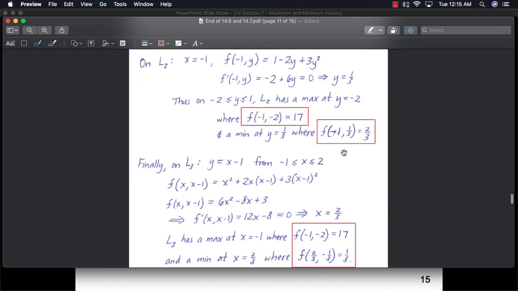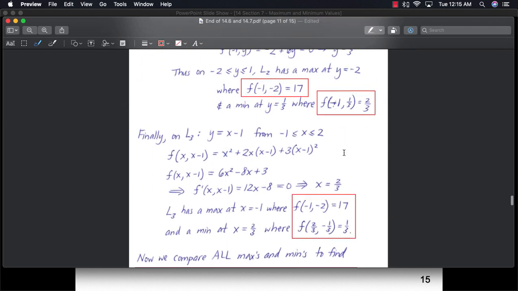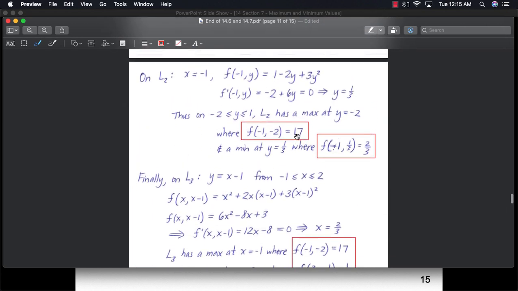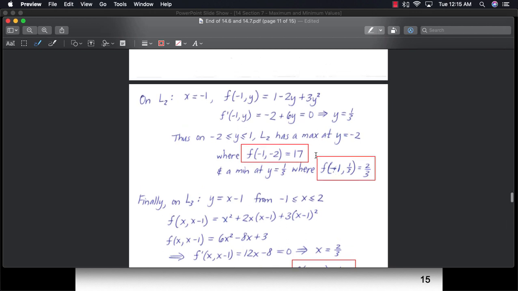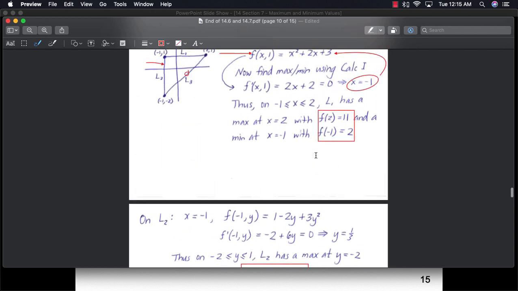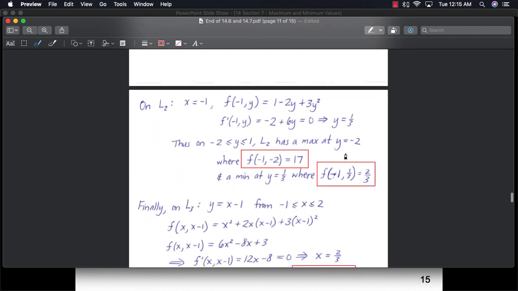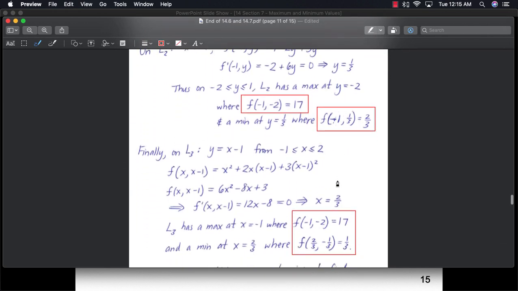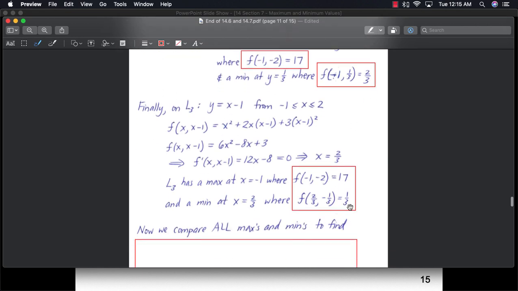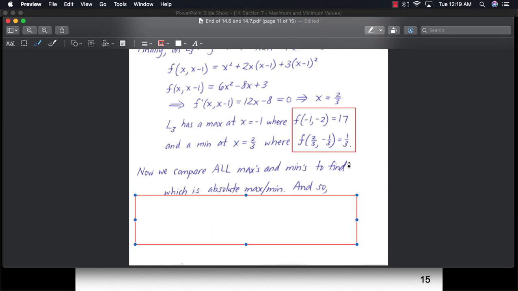The smallest of these values will give me my min. Obviously, the largest of these values is 17. So that's going to be my max. The smallest of these values seems to be, well, you got a 2 there. But then we have a 2/3 here. That's smaller. But even smaller than that is a value of 1/3.